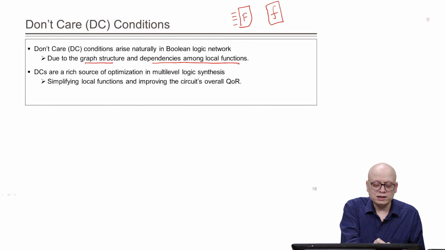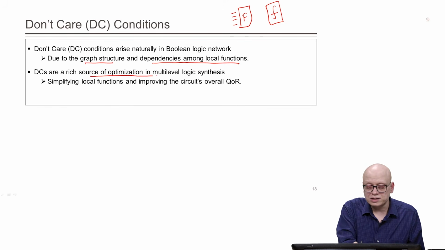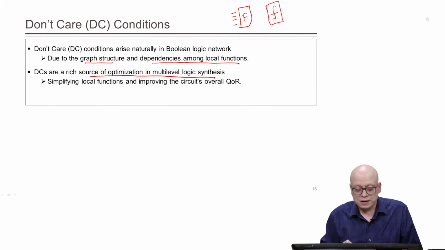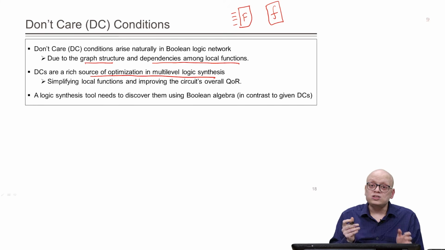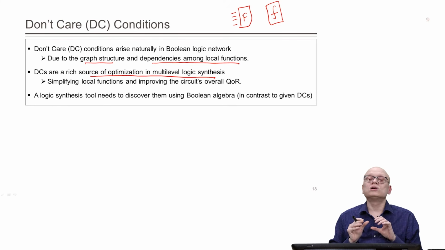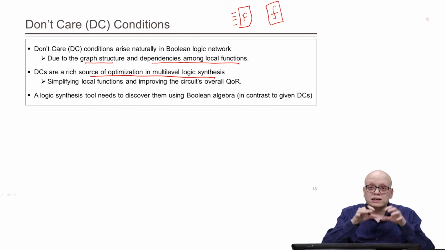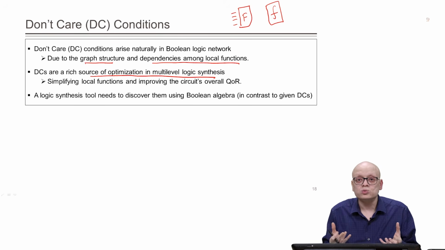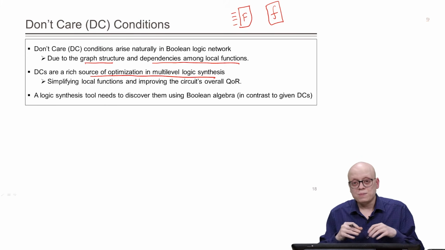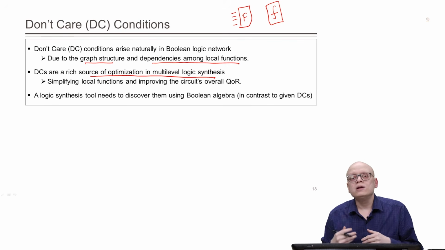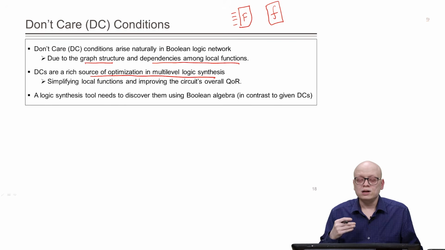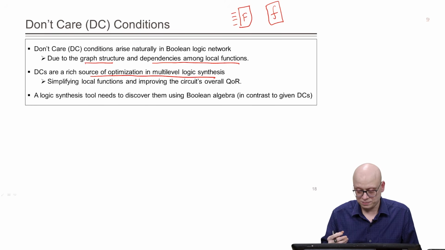So, don't care conditions are a rich source of optimization in multi-level logic synthesis, but the problem here is that the logic synthesis tool needs to discover those don't care conditions. The don't care conditions are not given as input; the tool needs to find them by network analysis and then use them subsequently for the optimization of the local logic function, right.